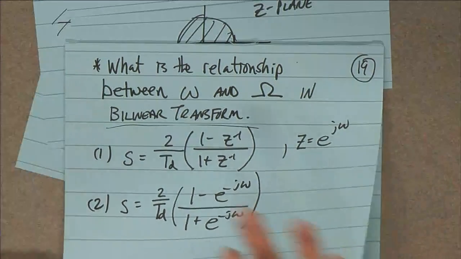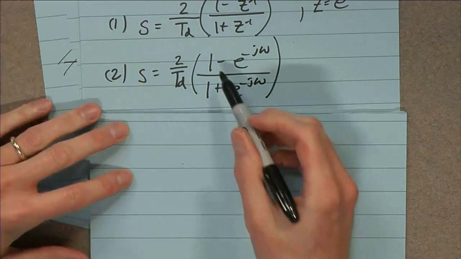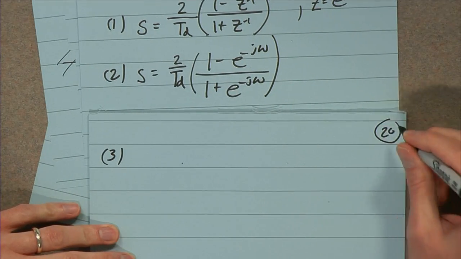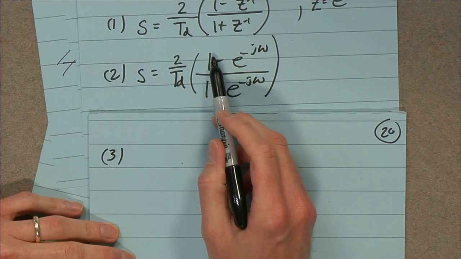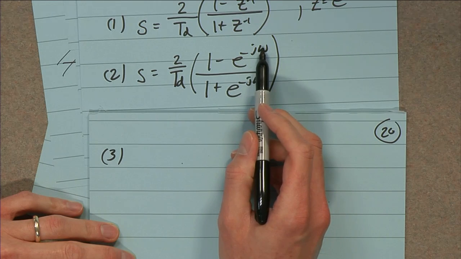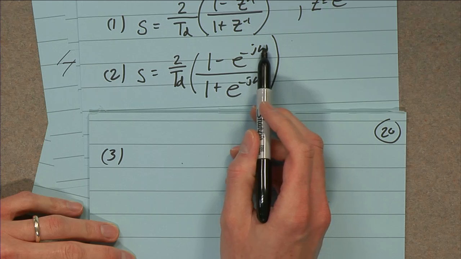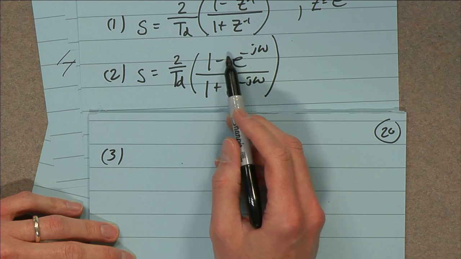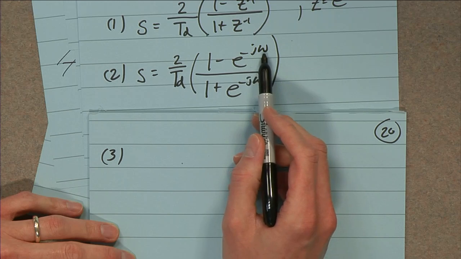Well, you've probably seen the trick that one can play when you have an expression of this type, right? You can do the old factor out the average. At least in my mind, I think of e to the this averaged with e to whatever this is. Well, this is just e to the 0, so that means I'm going to take out e to the minus j omega over 2, right?